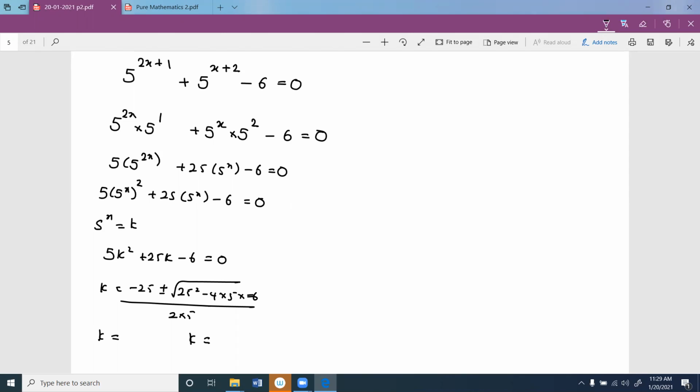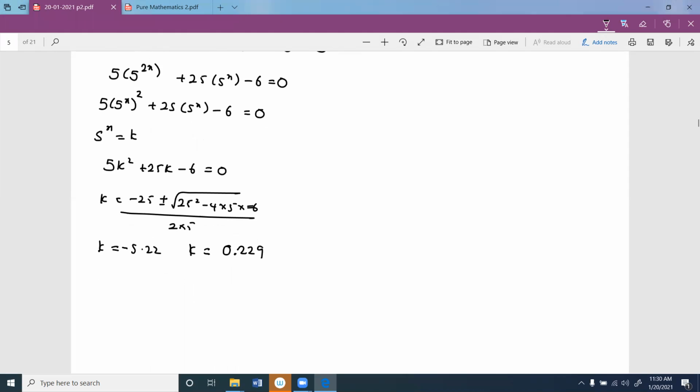So one answer is minus 5.22 and the other answer is 0.229. Obviously we know that from the negative answer, 5 to the power x equal to minus 5.22 won't work, because the logarithm of a negative number does not exist.